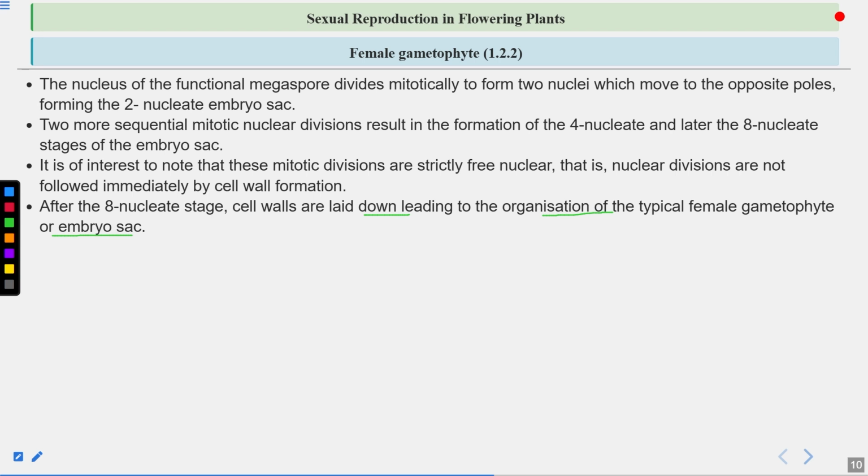So just write somewhere that the female gametophyte and embryo sac are the same, and in brackets you must write 8-nucleate and 7-celled structure. So you will remember that female gametophyte, embryo sac, and this 7-celled, 8-nucleate structure are all the same.